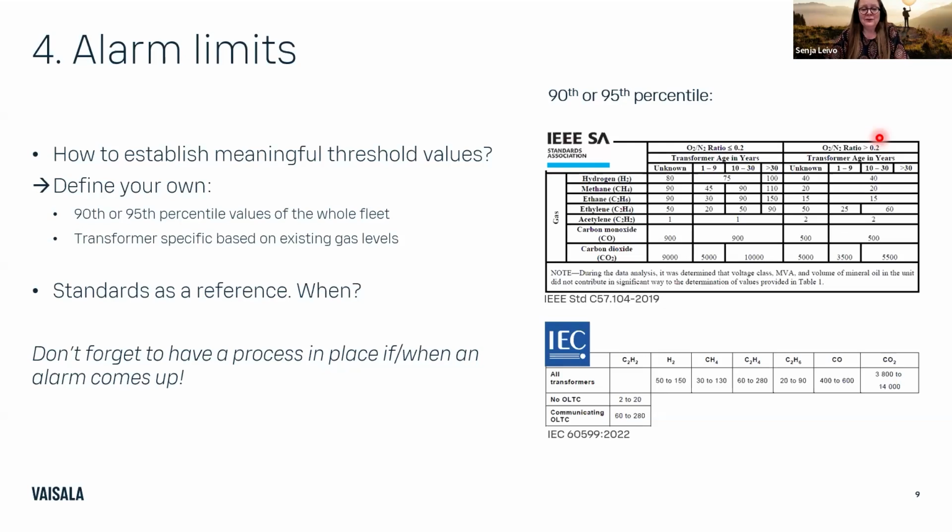And there is no correct answer on this. So how to establish meaningful threshold values that protect the assets, and at the same time avoid false positives, so false alarms basically.